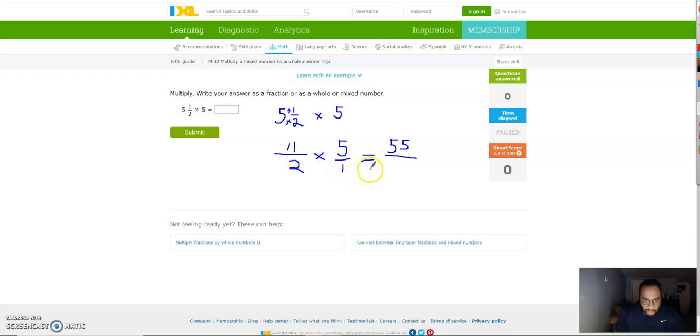Okay, 2 times 1 equals 2. All right, now what's next? Do we leave it like that? No, it's an improper fraction. The numerator is bigger than the denominator, so we have to change that into a mixed number.